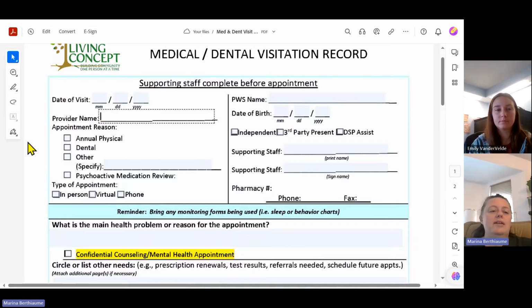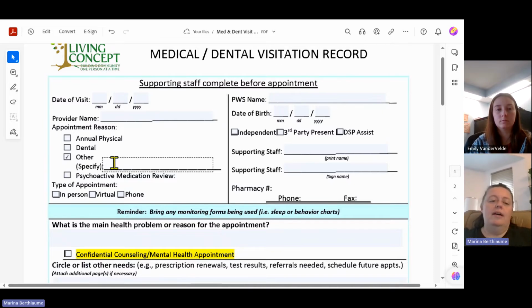And then down here, you're going to select whether it's annual physical or if it's a dental. If it's neither one of those or a psych med review, you are going to select other and then type in here.